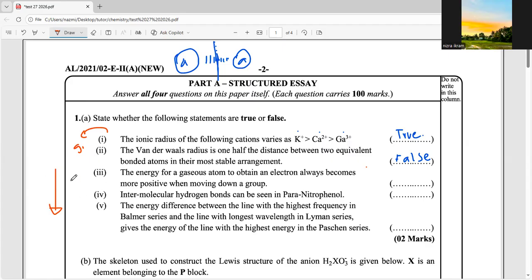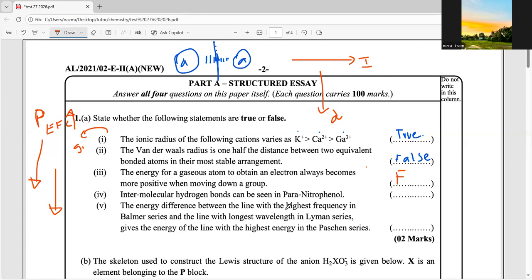But it's not like that, because when going downward in the group, the proton number and effective nuclear charge are also increasing. Therefore you can gain an electron; we can't say it's more positive. Across the period it is increasing, downward the group it decreases. So this is also false.